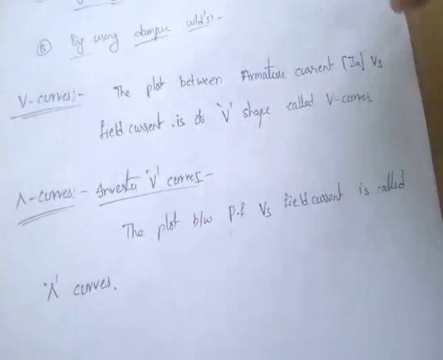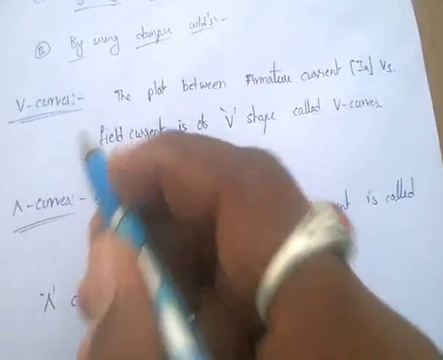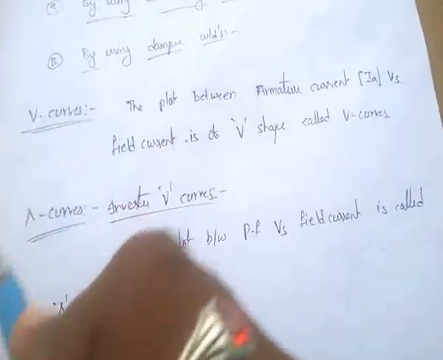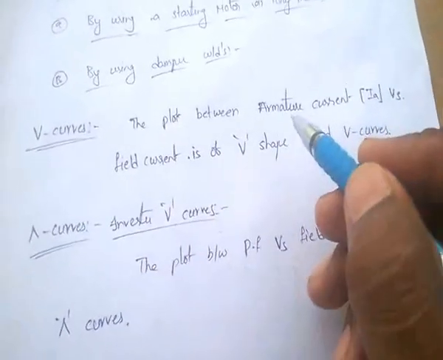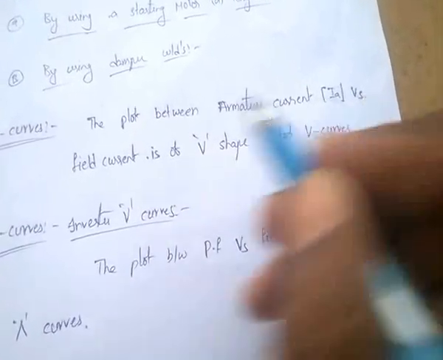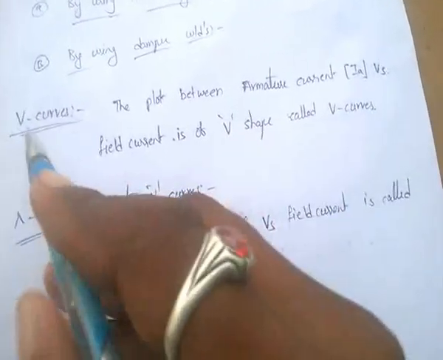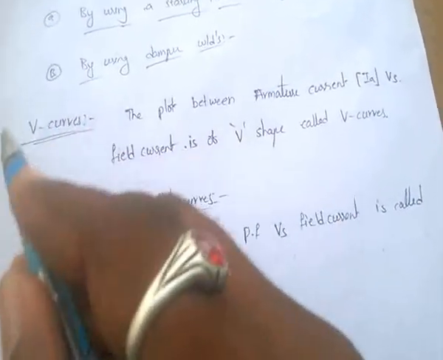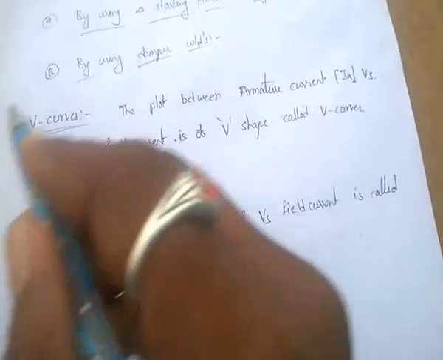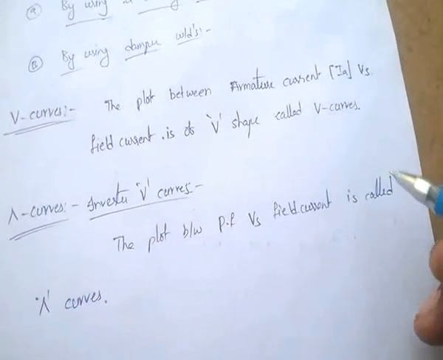And the main important topics in synchronous motor are V curves and inverted V curves. The plot between armature current and field current is in the shape of a V, so these curves are called V curves.